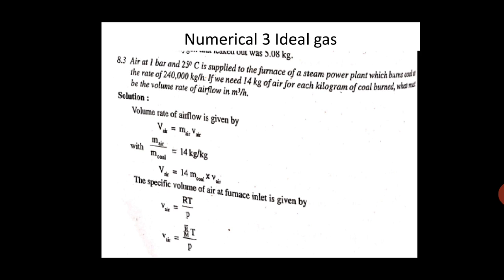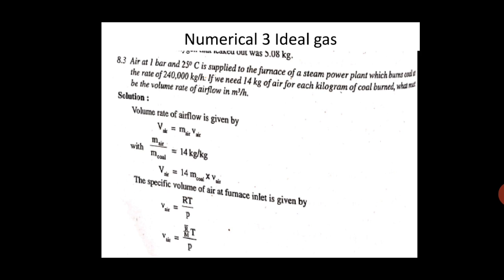So volume flow rate of air is V. Please understand, capital V stands for the volume, and small v stands for the specific volume, meter cube per kg. Volume units are meter cube, whereas small v is specific volume, that is meter cube per kg. So capital V, that is volume of air, is equal to mass of air into specific volume of air.